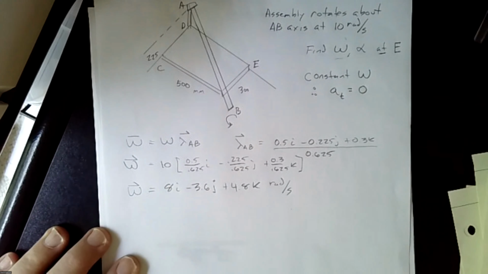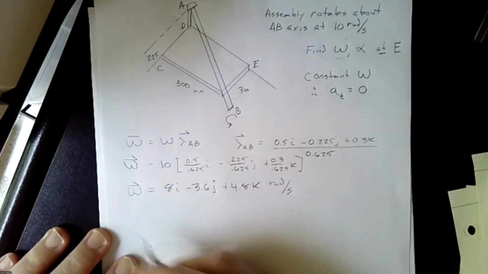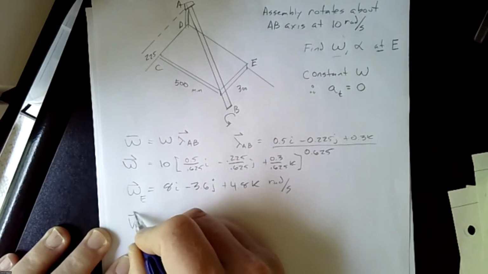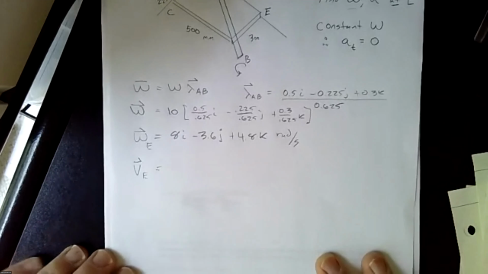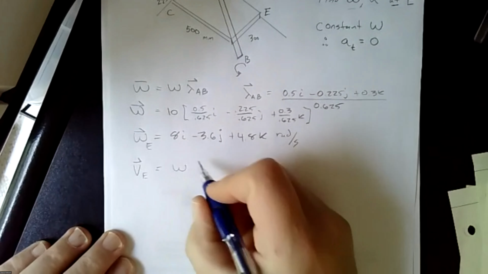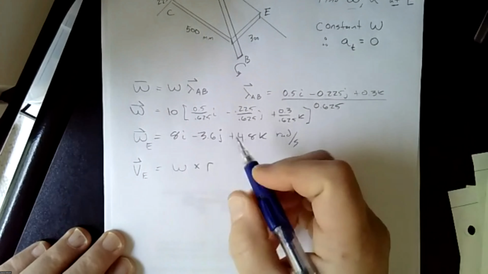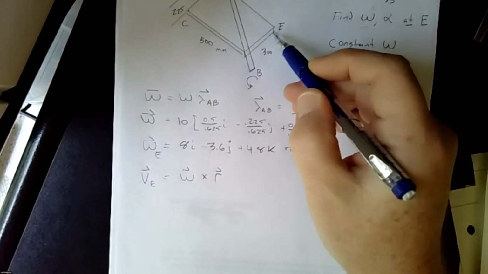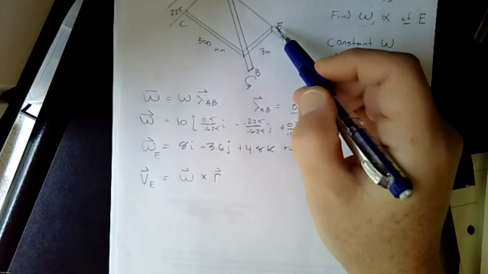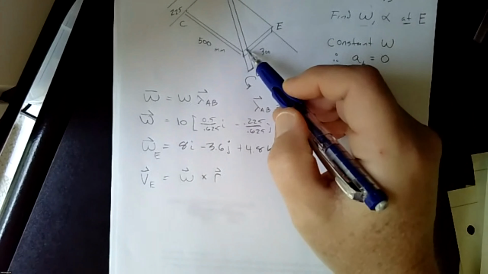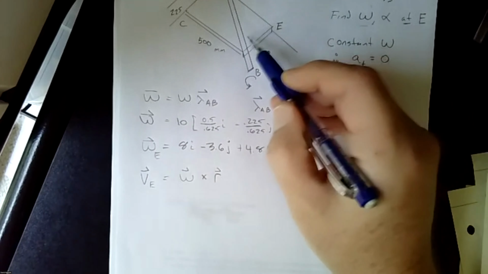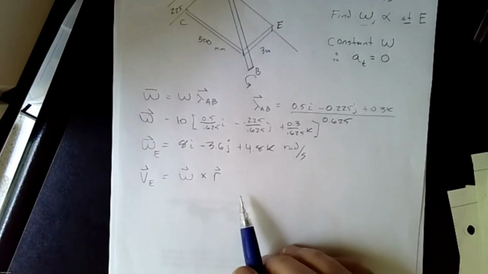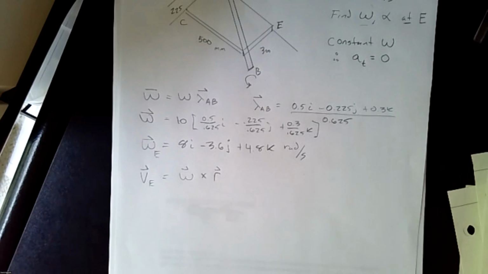Now, we also want to know what the velocity is. So this is omega E. What is velocity E? We know that it is going to equal omega cross R. Now, what's the R? It's going to be any point on here, since it's about E, your vector has to go to a point on the axis, because that gives us our R, how far away we are, just like in a moment, R cross F. Only here it's omega cross R, it's reversed, but it's still the same concept.